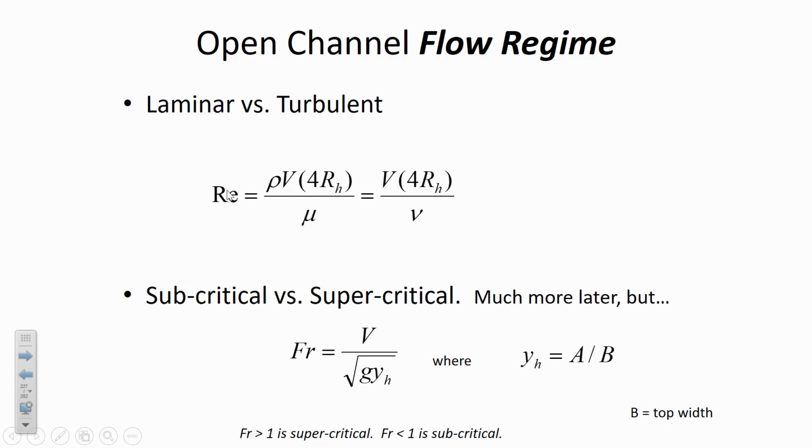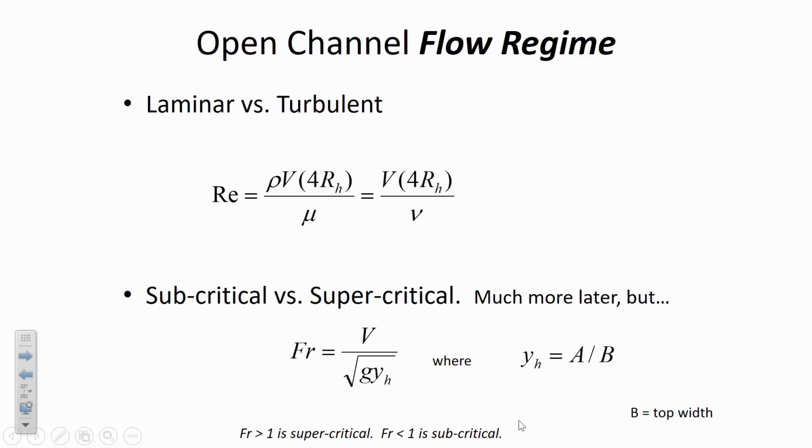And it's similar to how there is a threshold above which is turbulent flow, below which is laminar. So that's 2,000 and 4,000. The threshold for the Froude number is 1. If the Froude number is greater than 1, then the regime is supercritical. If the Froude number is less than 1, then the flow regime is subcritical.